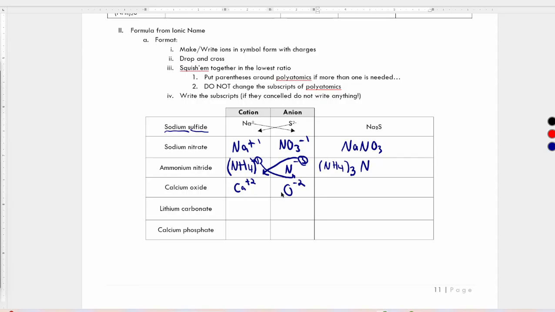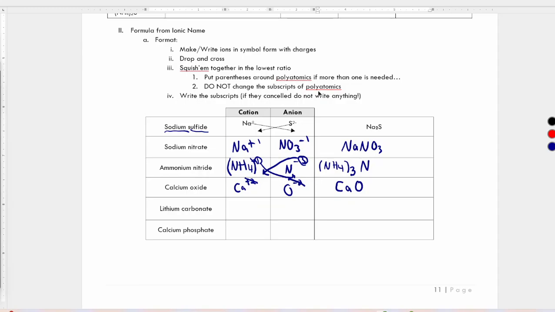Now, this is the one that most people will get wrong because it's 2, but the numbers match. That's the question. Not, are they both 1? No. Does this number match this number? Yes, it does. Then all I have to do is rewrite these without the charge. CaO. That's one of the most confusing ones I see most people get wrong. If these numbers match, they just disappear. And we just write CaO.